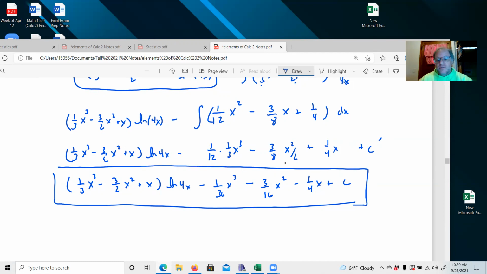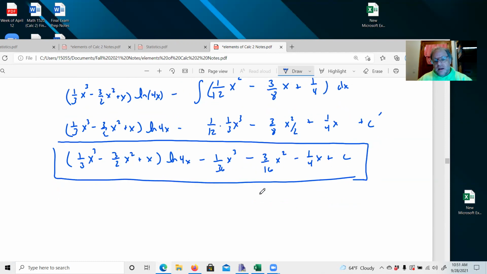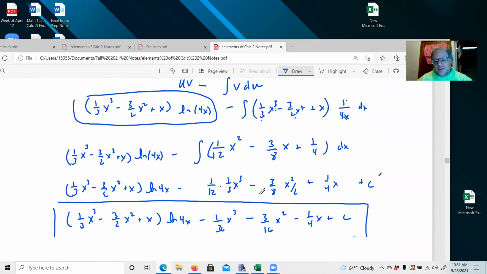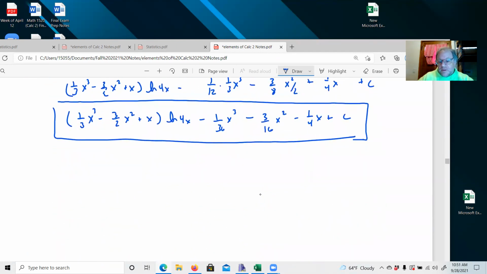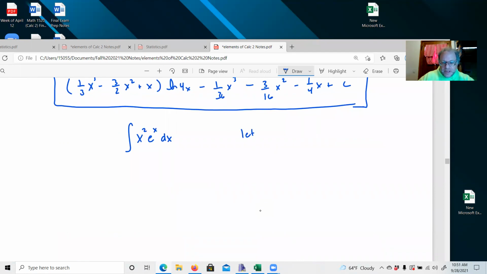Same idea for an exponential. Exponentials can be a little bit longer, so let me take a real easy one just to show you. We have x squared e to the x, and I want to integrate. Okay, so let u equal x squared, dv equal e to the x.